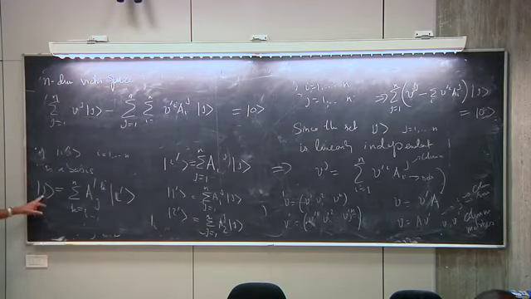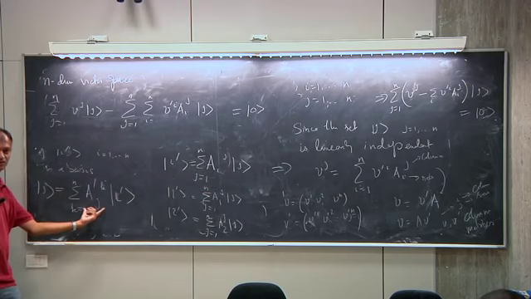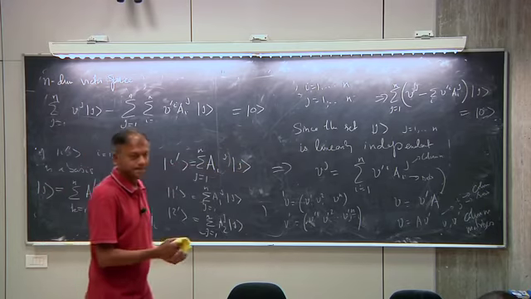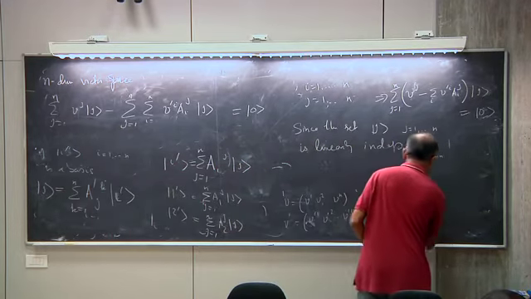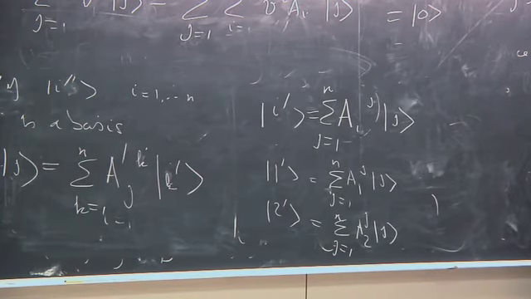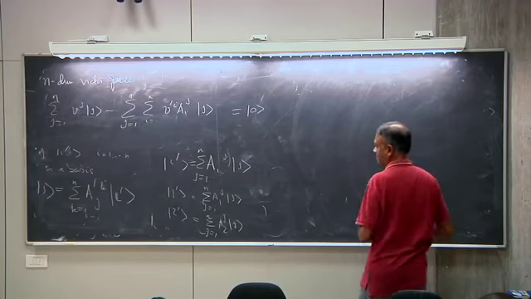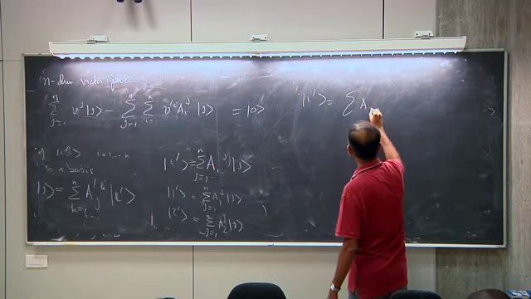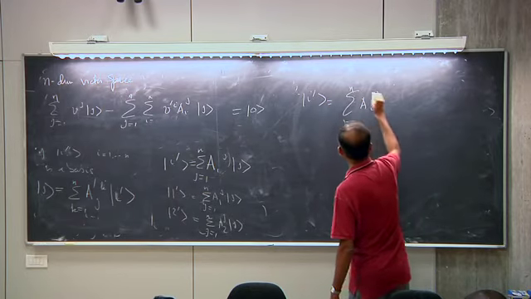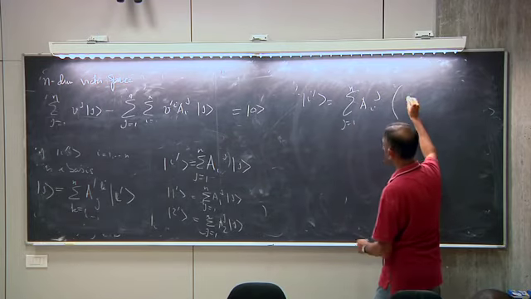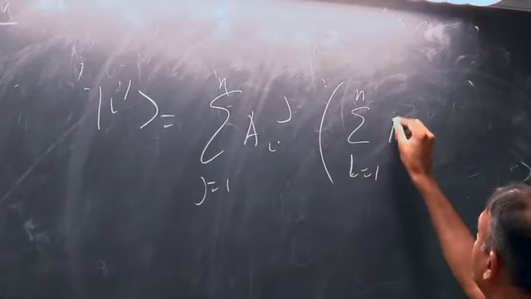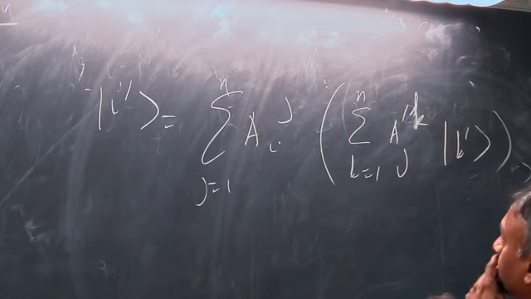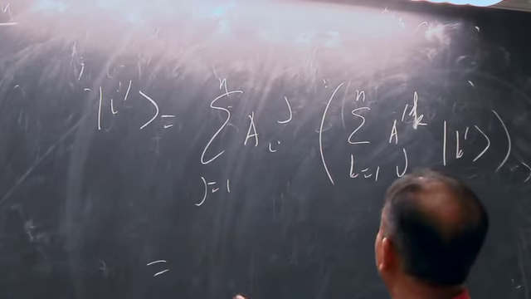Now let's plug that in here. Plugging this in, you find i prime is equal to the sum over j from 1 to n of A_ij, and then for j I write that expression, which is the sum over k from 1 to n of A prime jk times i prime k.